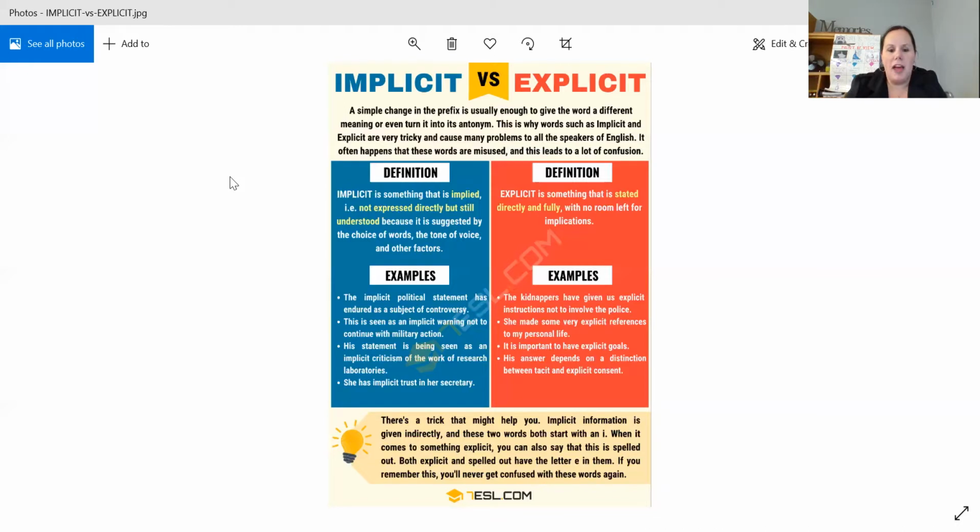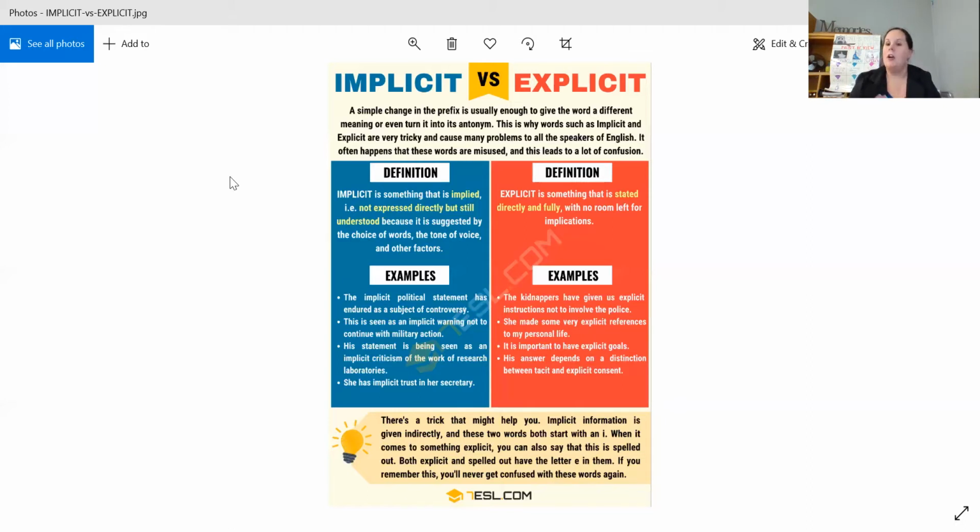A good example of that would be when you come into a classroom and your teacher is standing at the door or even sitting at her desk. What does she want you to do? It is implicitly understood that you will sit down and start reading your book.